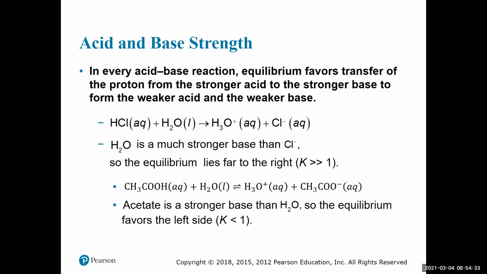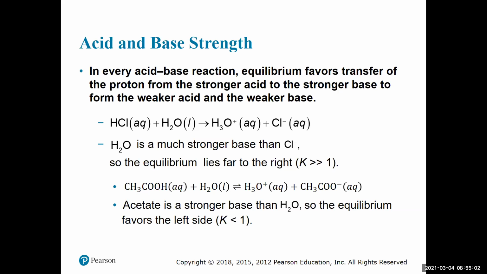The second example, we have acetic acid, which is CH3COOH. This proton over on the right is the acidic proton in this case. The 3 protons next to the carbon, the CH3 there, those are not acidic. And in this case, we're going to once again donate the proton to the water to give us H3O plus and CH3COO minus.